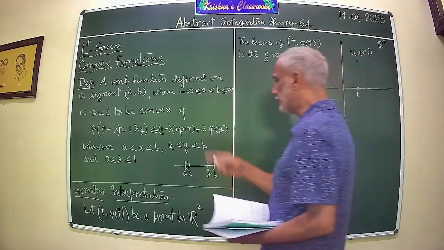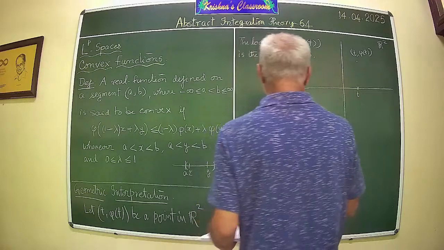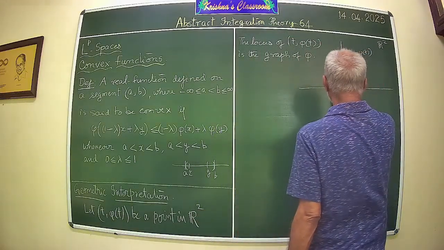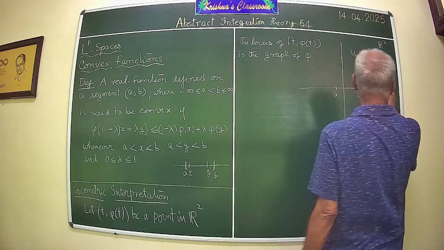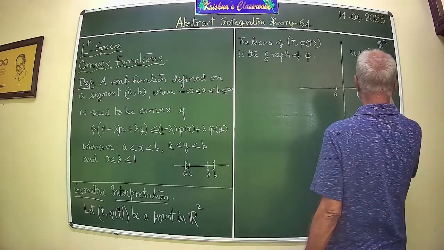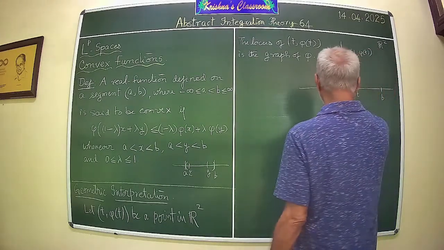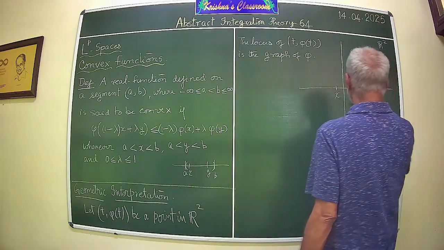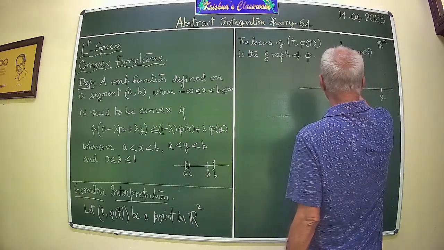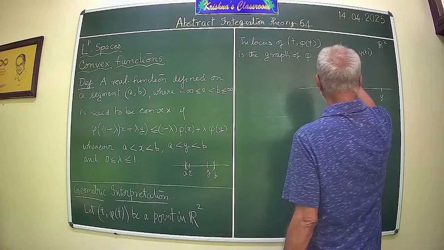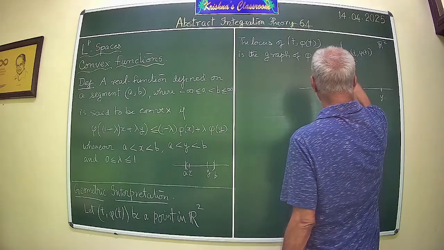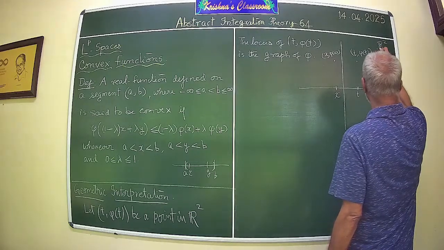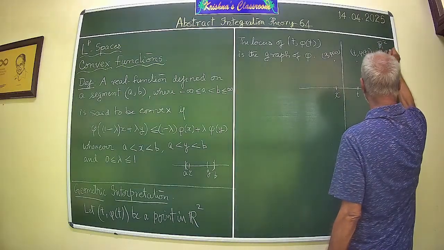Now what does this say? So you see, suppose this is the point A, this is the point B, or this is the point X, this is the point Y. Then you have the points x, phi x and y, phi y.